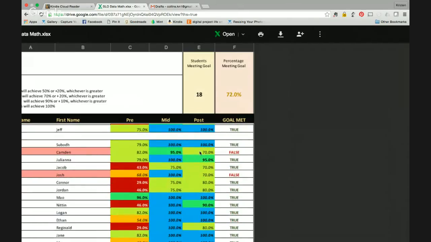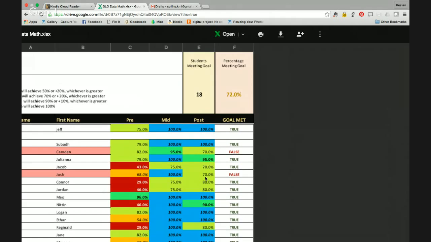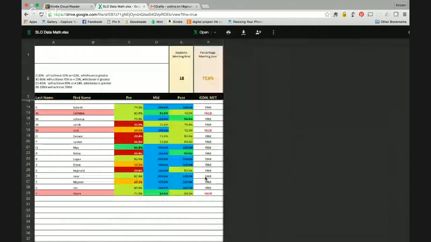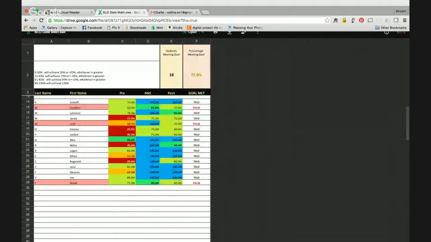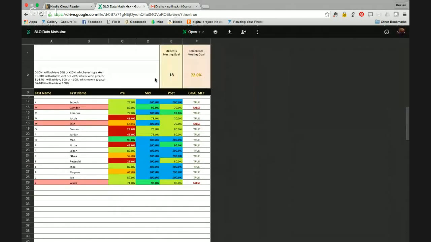Here we have a significant drop from a 95 to a 70. We've got some people that slid back just a little bit here. This one dropped from 100 to a 70. So there are less students that performed at 100% at this point for the post-test.